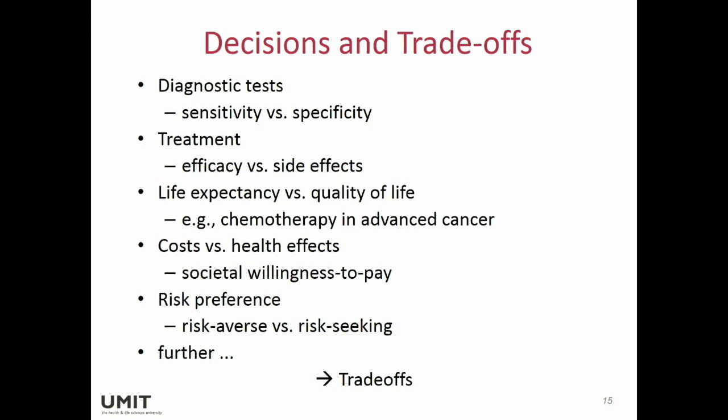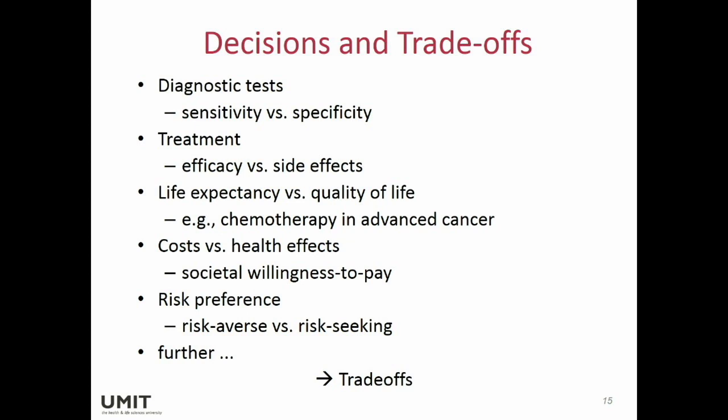So you have the question, should I lower the bar and then I detect more people, true positives, but also false positives, or should I not do that? So that's one trade-off. Decision analysis can systematically help to optimize and find the optimal trade-off, or the optimal cutoff of a diagnostic test.